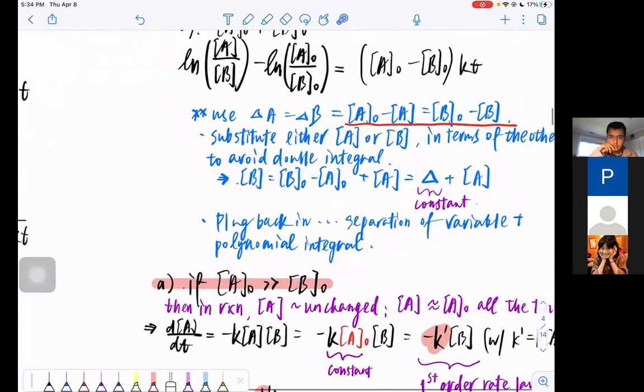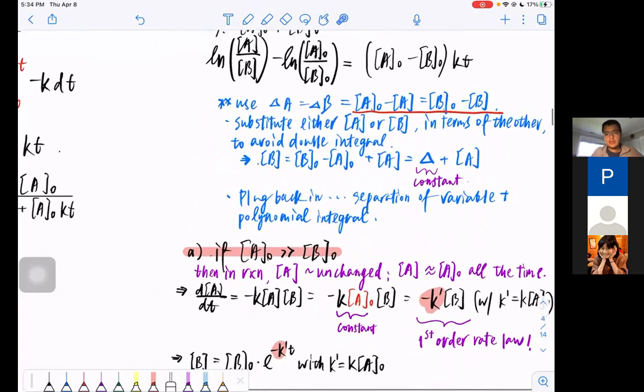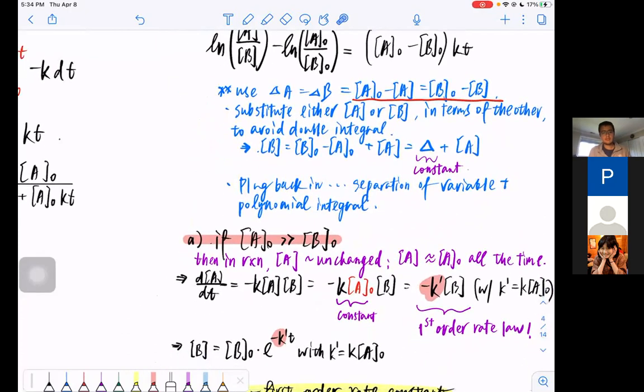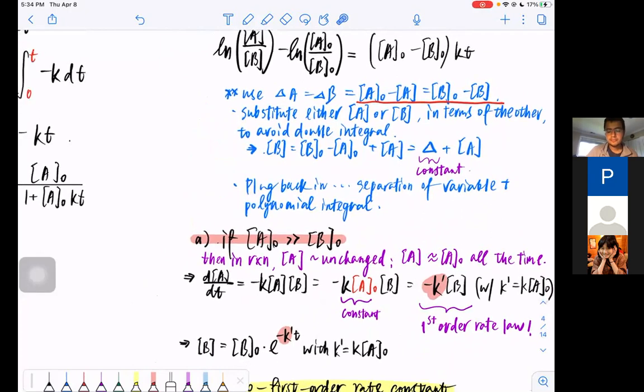Let's now consider if the concentrations we start with are not comparable to each other. For example, if the amount of A greatly exceeds the amount of B. What that means is that as the reaction proceeds forward, the concentration of A is not going to change significantly because it starts from a whole bunch.